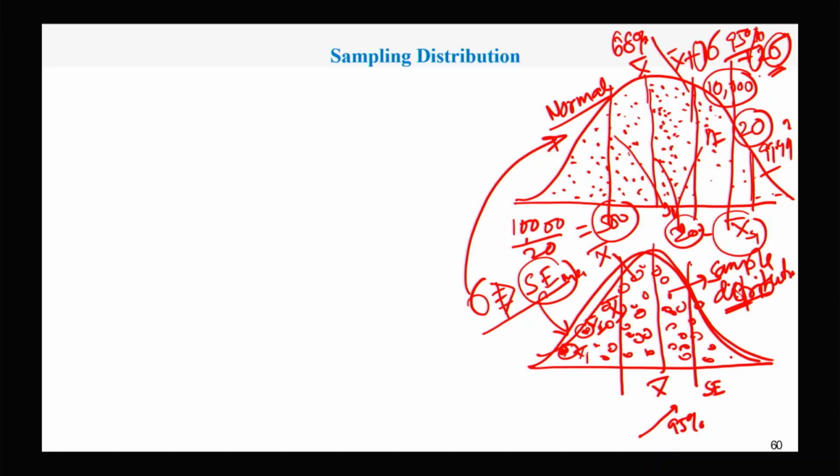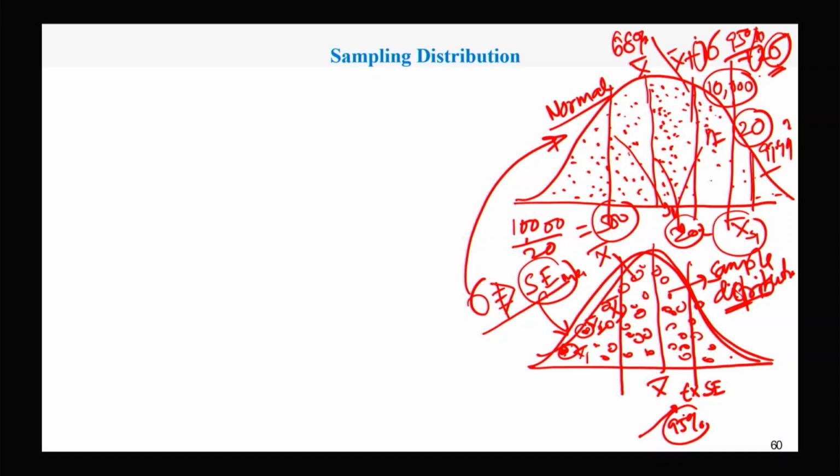At the 95% level, instead of this 1, 2, 3, here we use a term called t. t is actually equivalent to the 1, 2, 3 level.